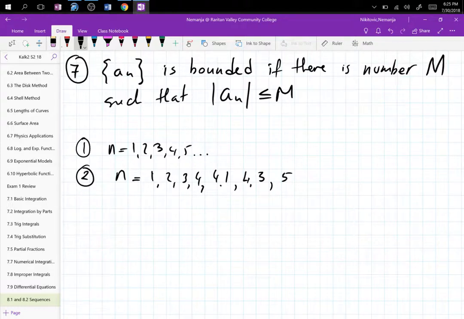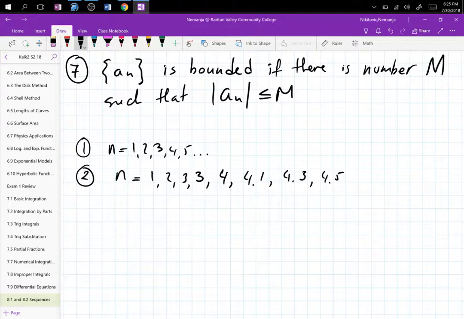It has 1, 2, 3. Hold on. Supposed to have a repeated value, and then 4, and then 4. What were the decimals I had? 1. And then 4.3 and 4.5, right?